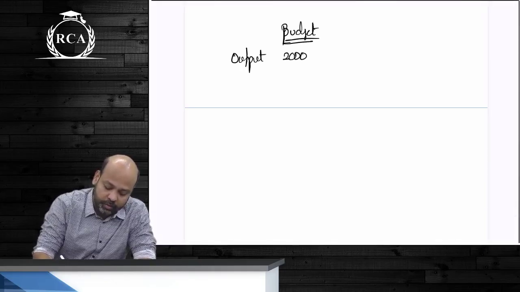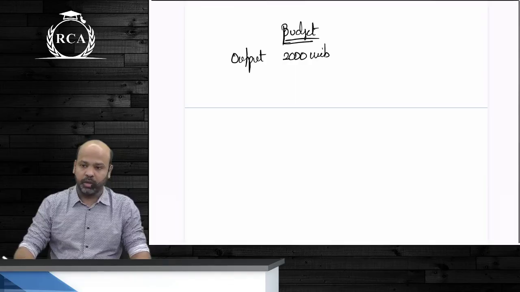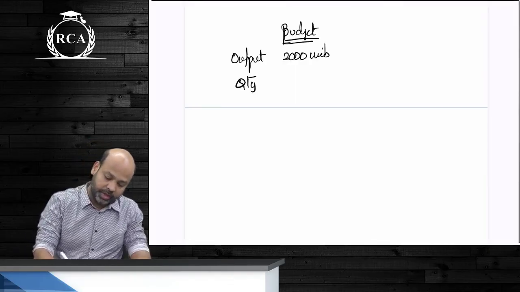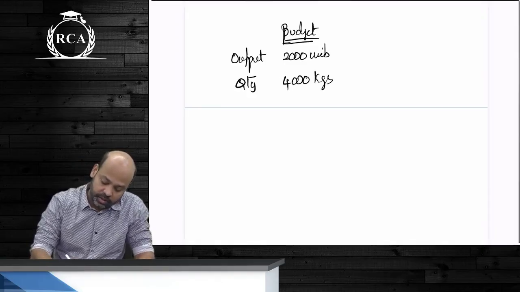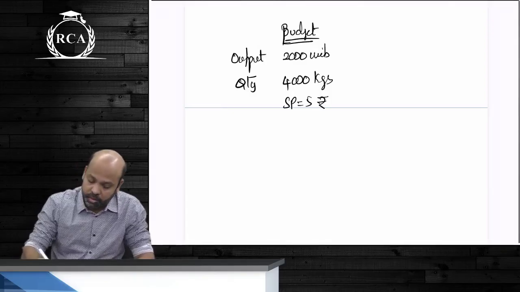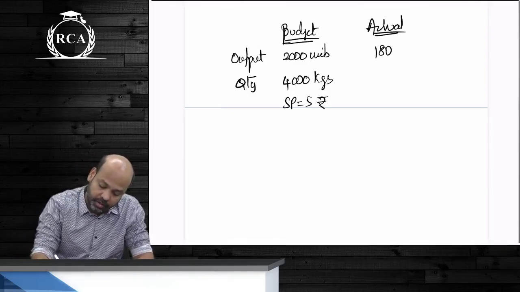Let's say you were supposed to manufacture 2000 units. The quantity of raw material that you were supposed to consume is 4000 kgs. Standard price of the raw material was 5 rupees. Actual output is 1800 units.